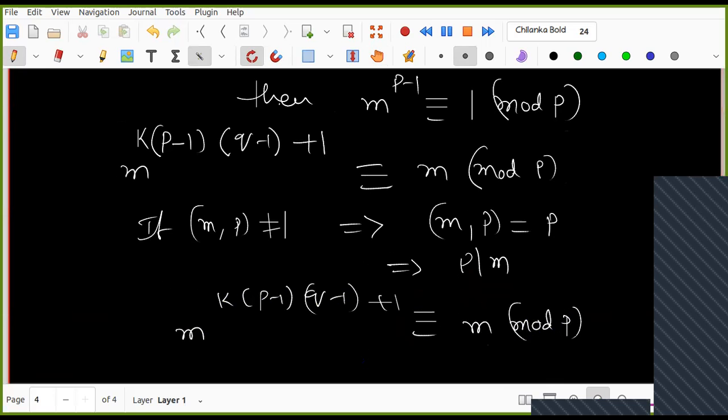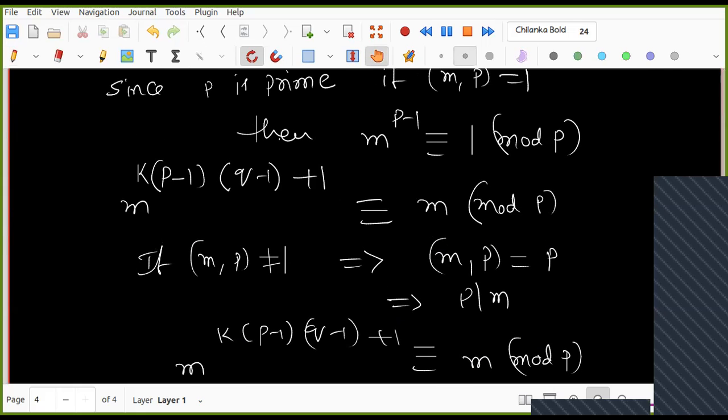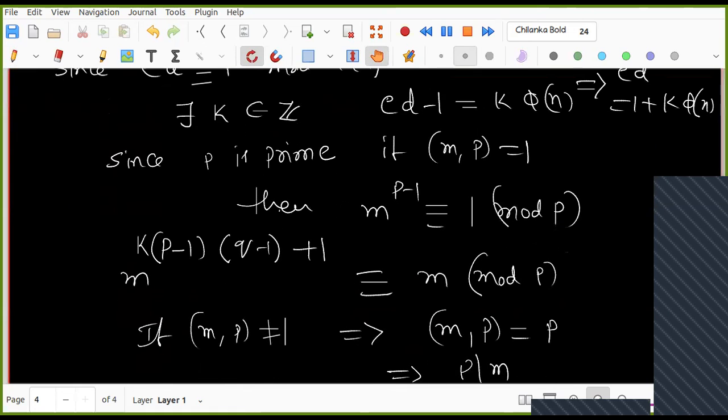Since p divides M, it is true. Be quick, you know the number theory part. These parts are very clear to you. Can I proceed? Is it okay?